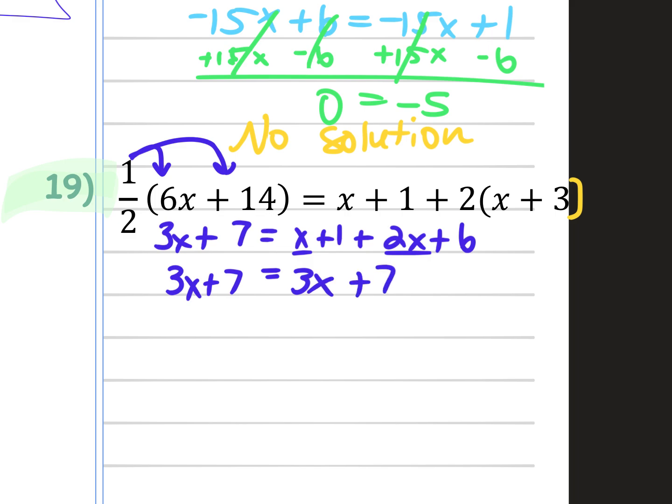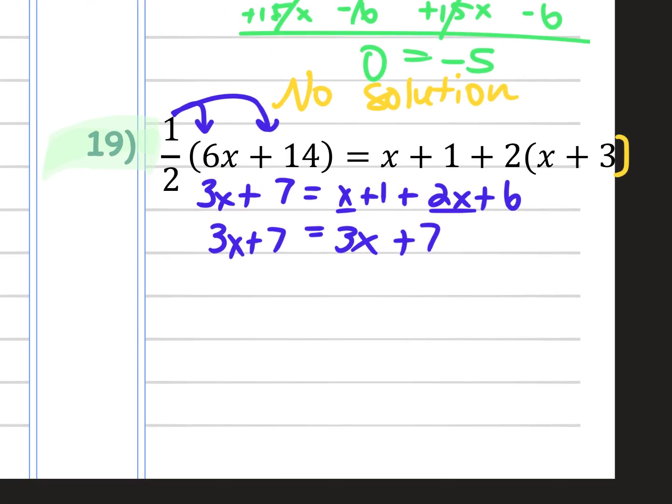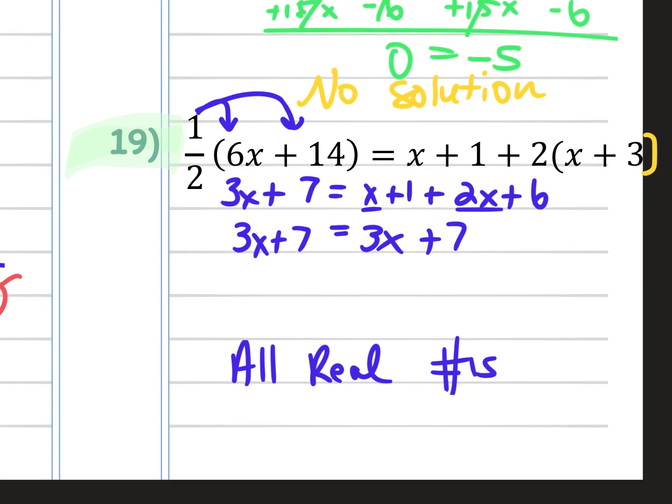What do you notice? They're exactly the same. So my answer here is all real numbers. Again, look at WebAssign. It might tell you to just type the word reals or something like that. But if you want to go ahead and fully solve, if you subtract 3x from both sides and subtract 7, you'll see that 0 equals 0.